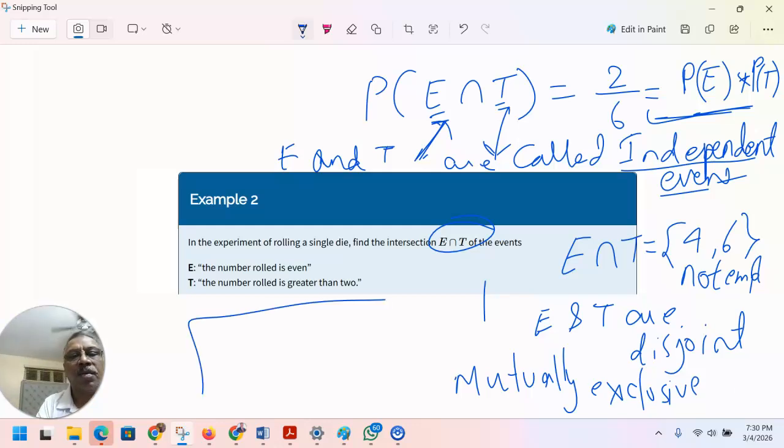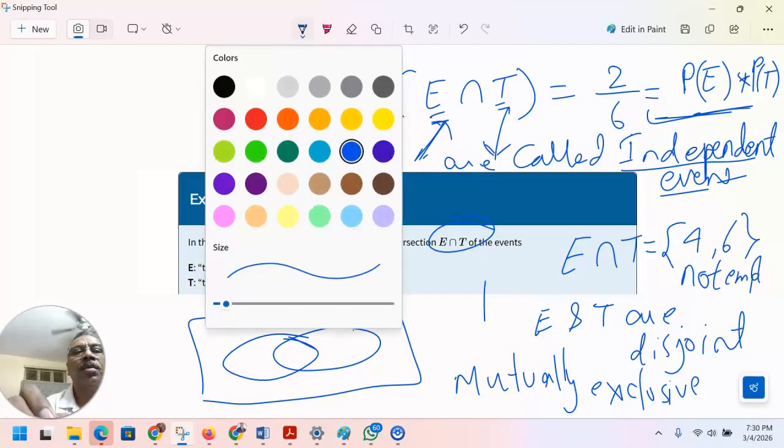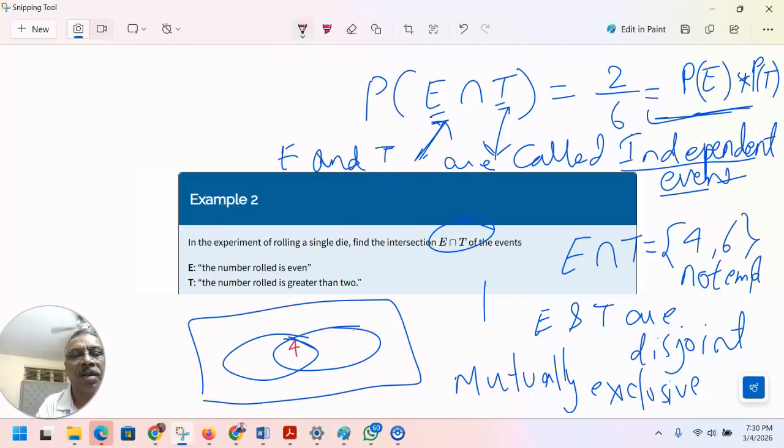Another way to show this: there are two even numbers. I can use a Venn diagram to show. The outcomes that are common are 4 and 6. So this is even and this is T, the numbers greater than 4, so this could be 5 here, and I can put 3 here.